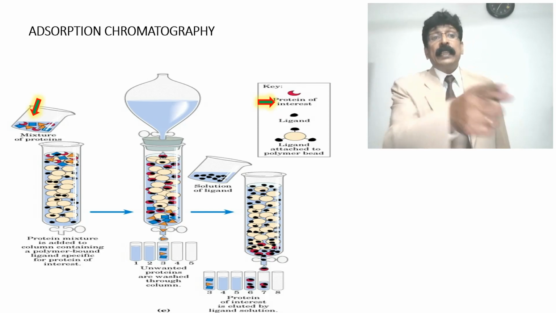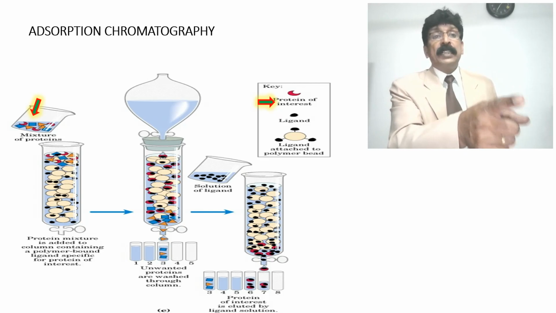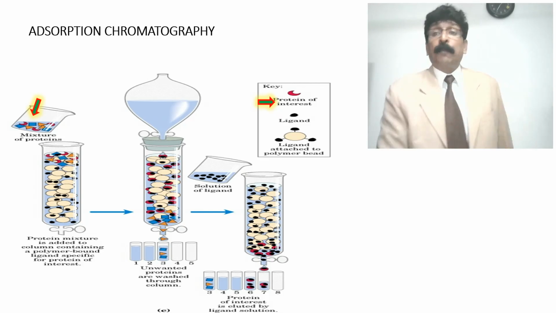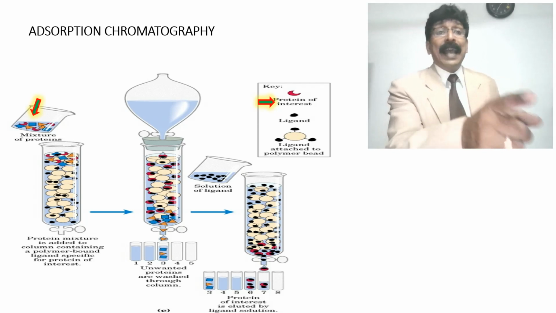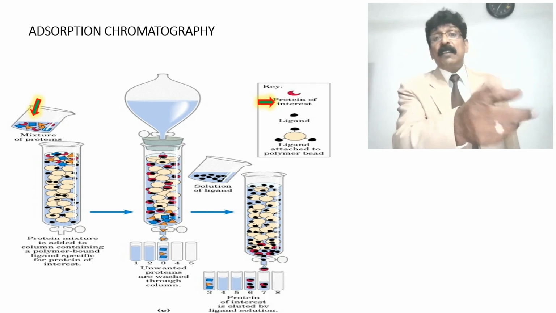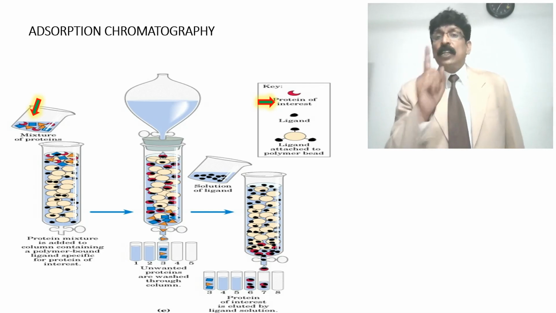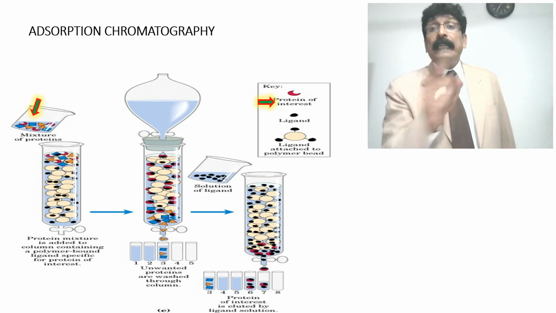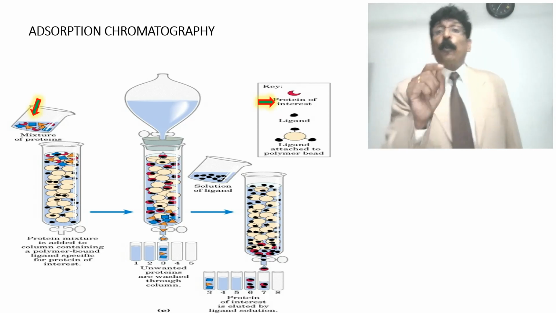You see that in the beaker which I have shown, the first arrow, it contains the moon-shaped red color protein, a blue color protein, and a triangle of orange color protein also. So there are three types of protein mixture present, but you are interested to separate the moon-shaped red color protein, that is the protein of interest.